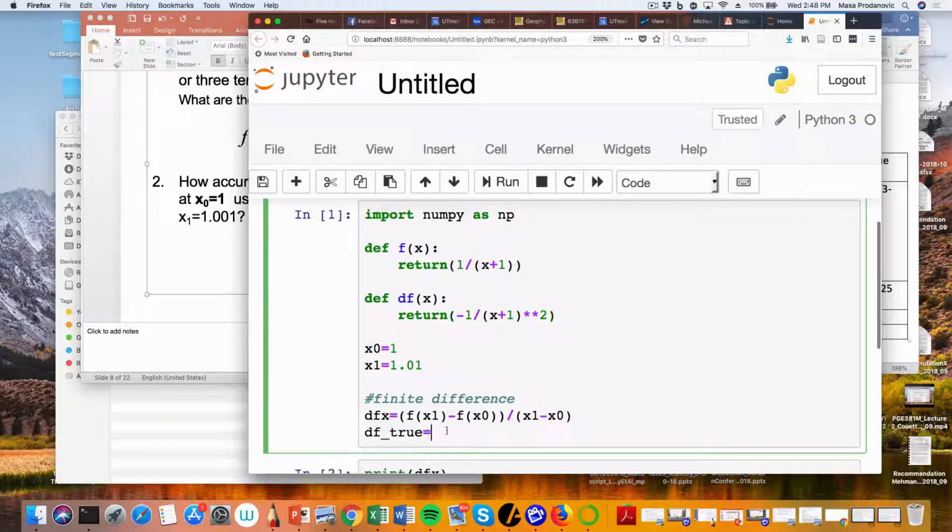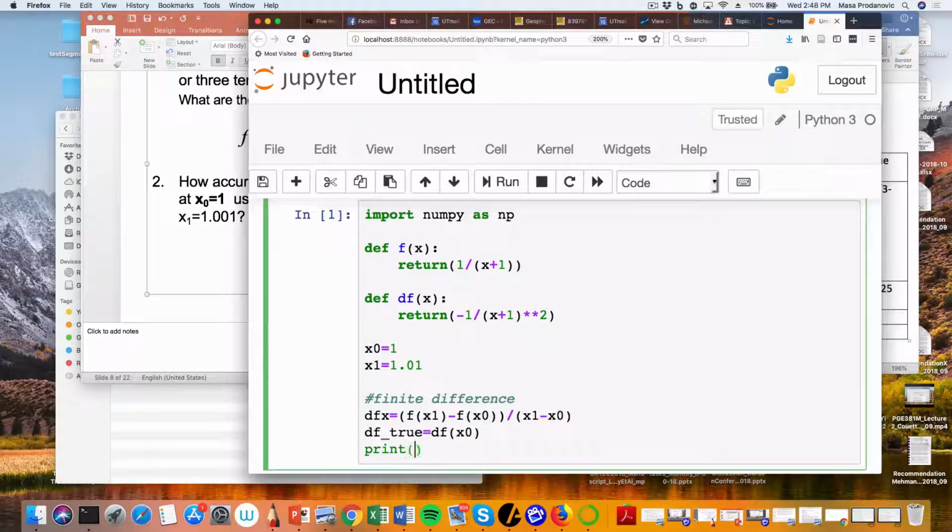So my true value is df of x0. And I'm going to print or do error calculation. Now that NP, thank you for importing NP, it's coming in handy. NP.absolute value.